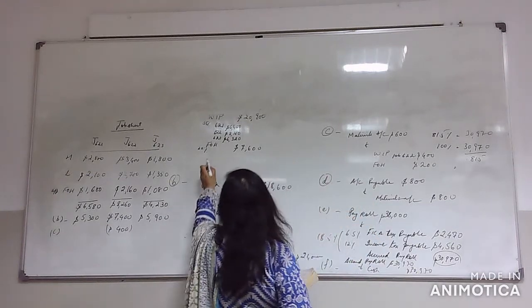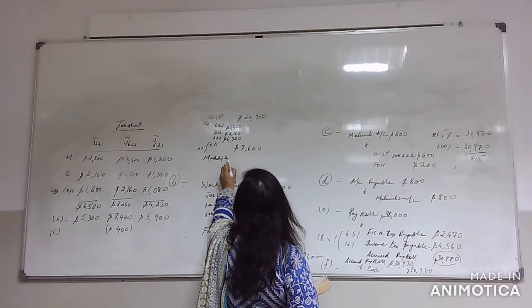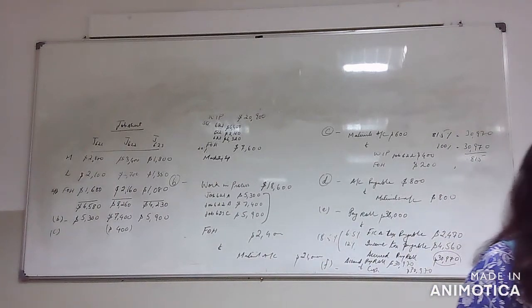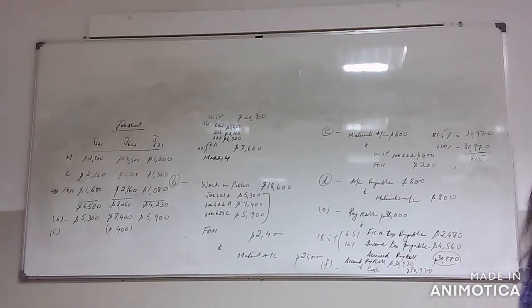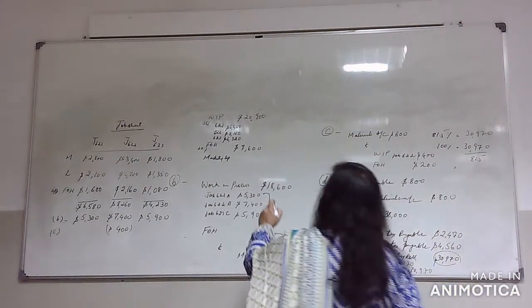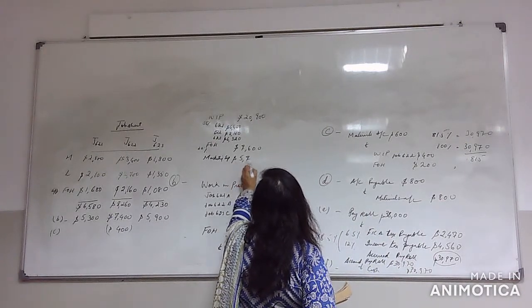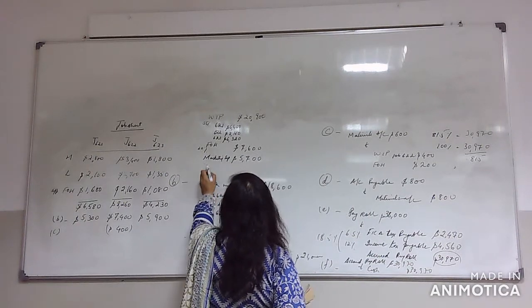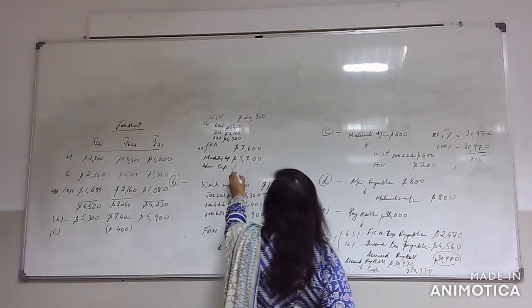Okay, so now it says marketing expense. So how much does this 15% become? Now let's calculate this. 0.15 times 38,000 comes to about 5,700. So this is 5,700. Then we have the admin expenses, and this comes to 10%.